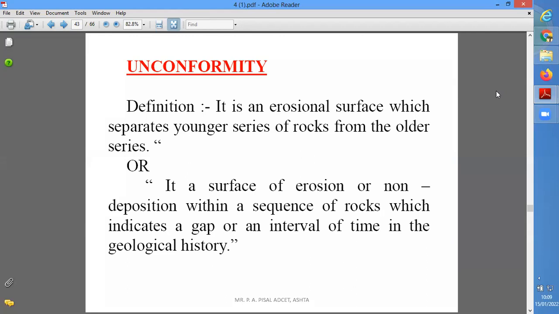So let's start. We are studying structural geology. In structural geology, we have discussed various structures till now.